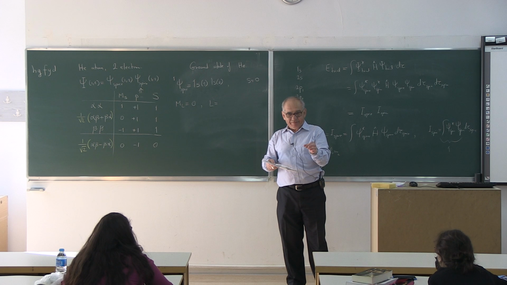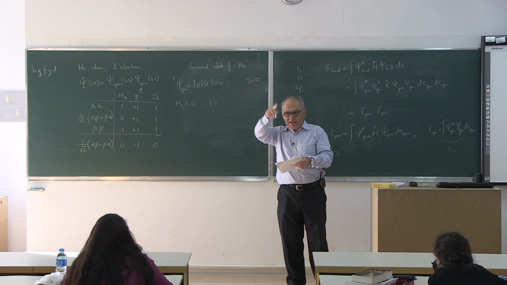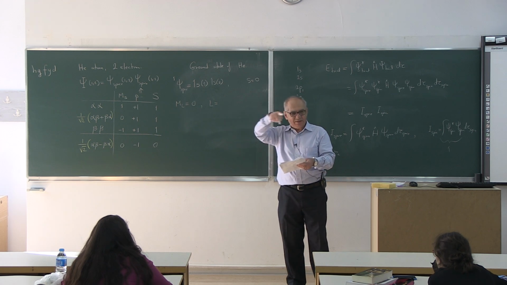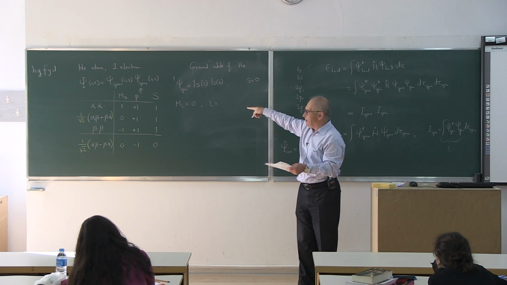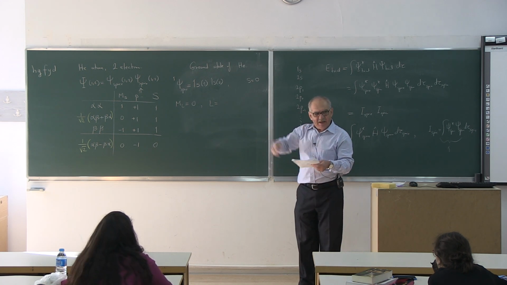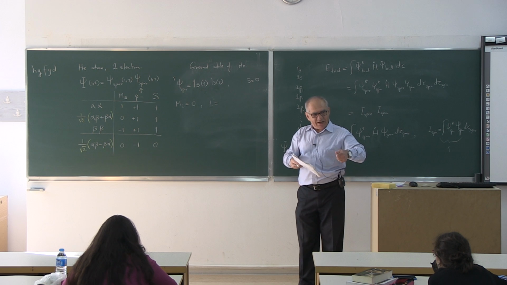You know that for a given L, what are the possibilities for ML? All numbers between plus L and minus L. So here, we know that there is just one ML, which is 0, and therefore we conclude that L should be 0.